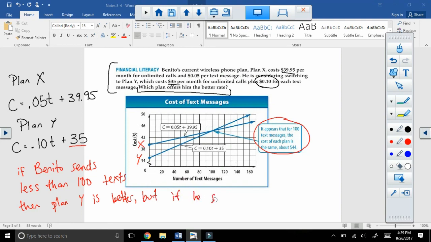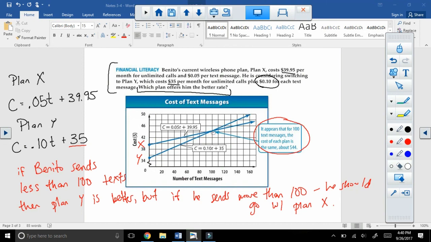But if he sends more than 100, he should go with Plan X. And your answer should include something like that.